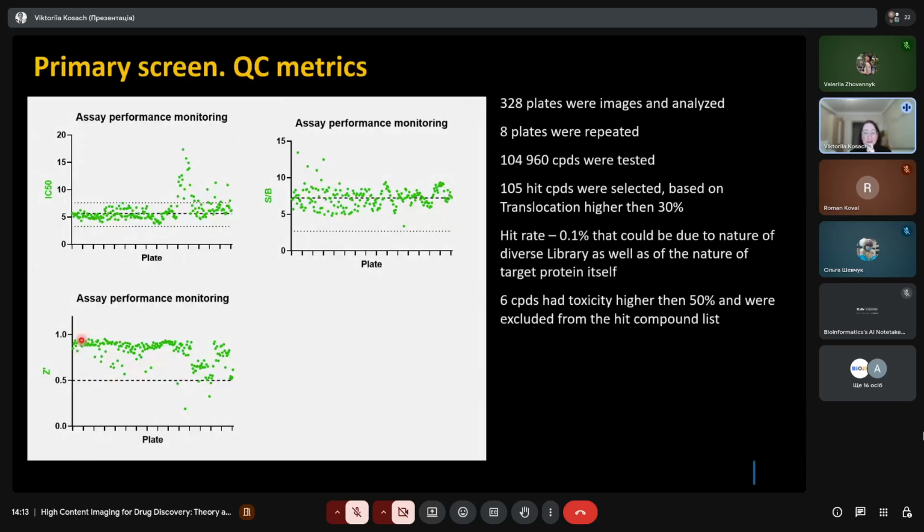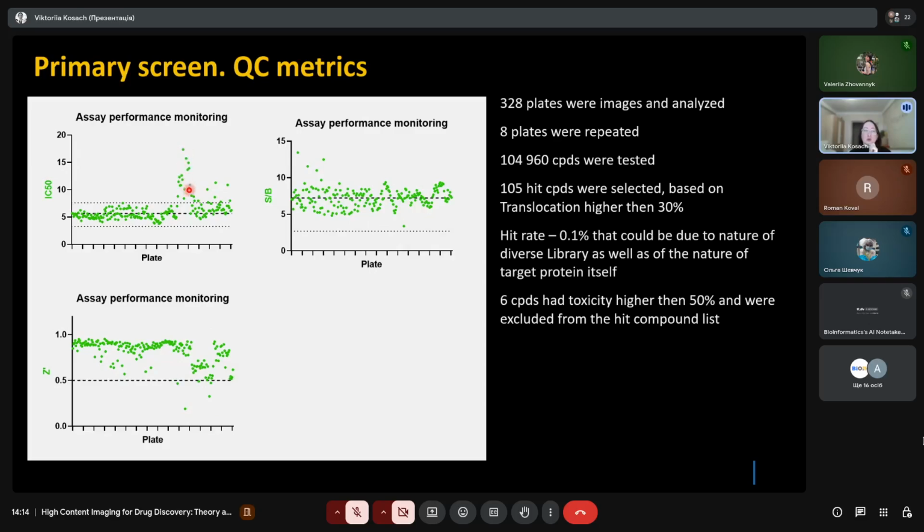And you can clearly see that during more than half of the screening campaign, everything was good. But at the end of the campaign, something went wrong. Some plates did not pass the quality control, and at more or less the same time, we had a break in IC50, which did not reproduce.